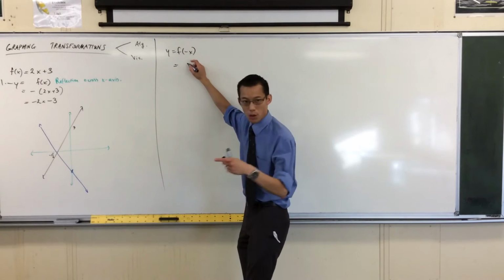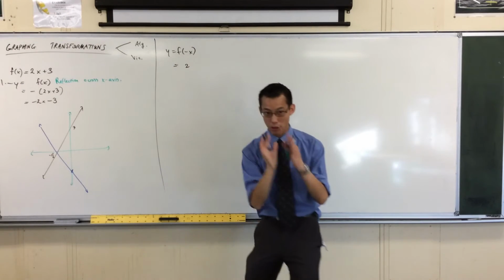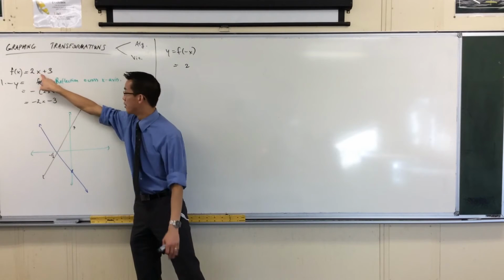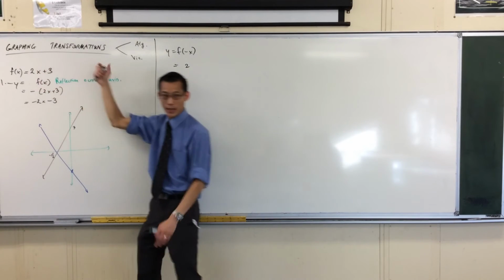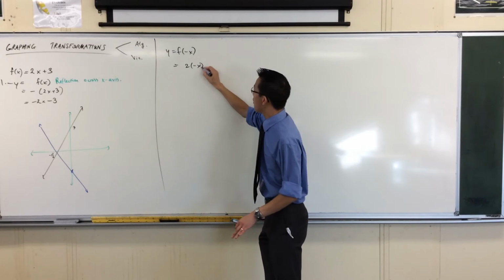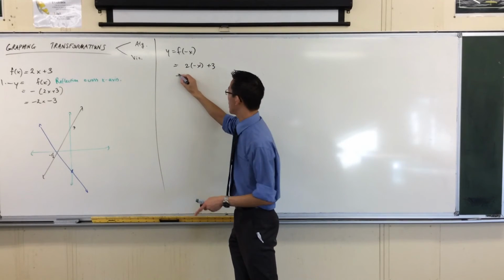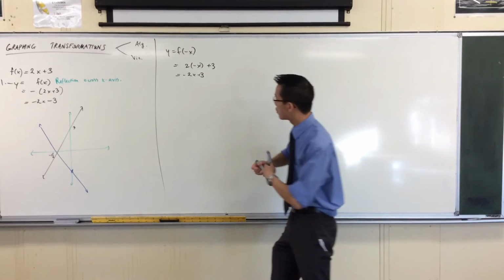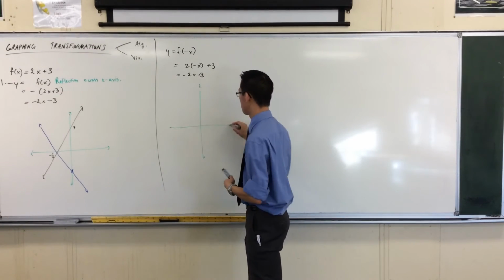Good. I'll just go one step before that. I'll just go the straight substitution, which is 2 times negative x, and then plus 3, which of course gives you that negative 2x plus 3 that you were just telling me.